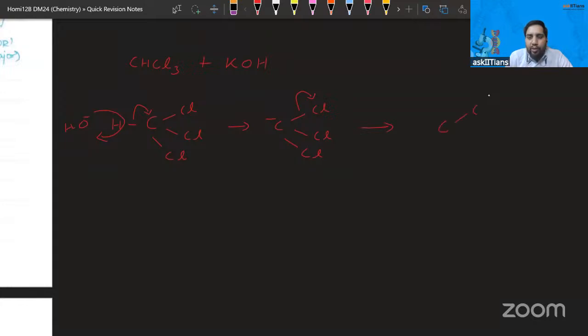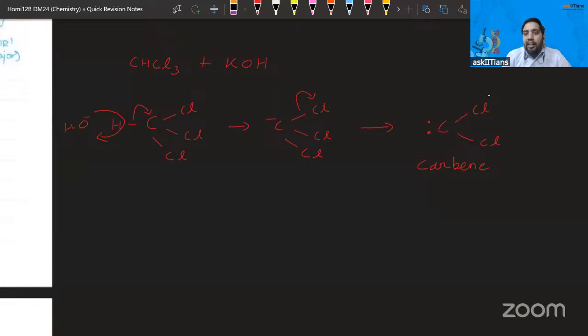Sorry, not a negative charge, but a lone pair: carbon has 4 electrons, out of which there are 2 bonds and 2 electrons remain as a lone pair. This is known as carbene. This is known as carbene.